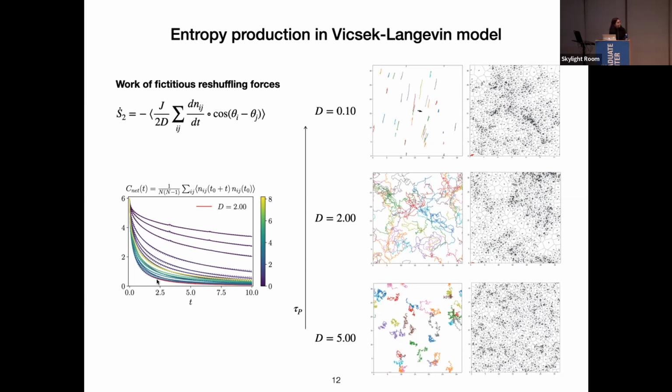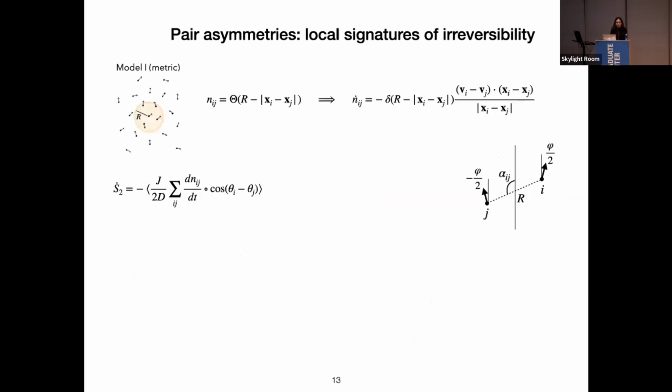I'm not sure it's very clear, but it's the fastest decay close to the transition point. So, okay, we have a mechanistic understanding. This is not new. It was already clear that reshuffling was at the basis of dissipation, of irreversibility in these systems, but it had not been quantified across the phase diagram.